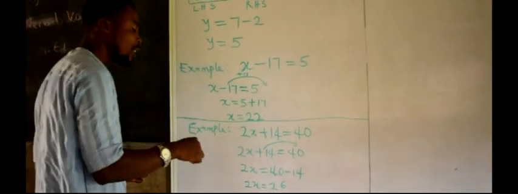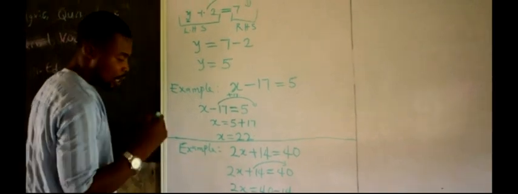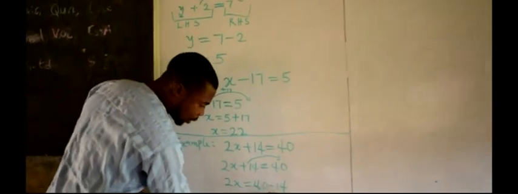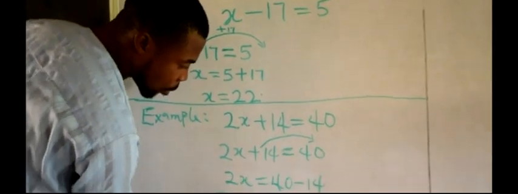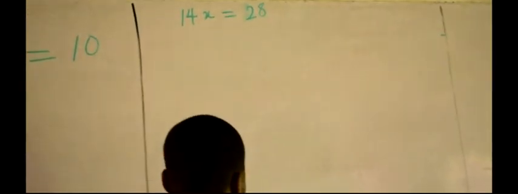For instance, look at this. This case is what I want to explain now. If you have something like this, and you want to get your x, what you are to do is divide both sides.